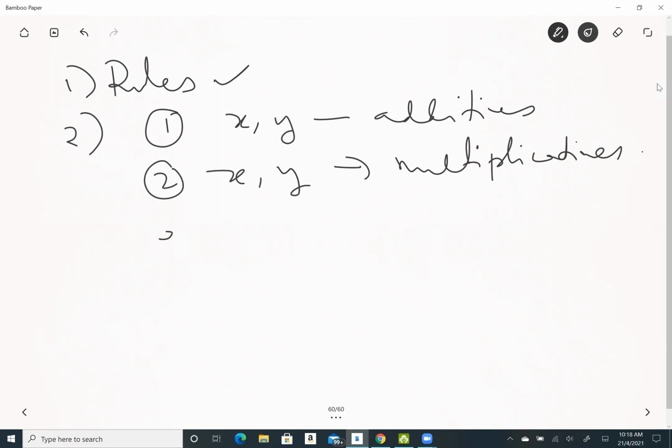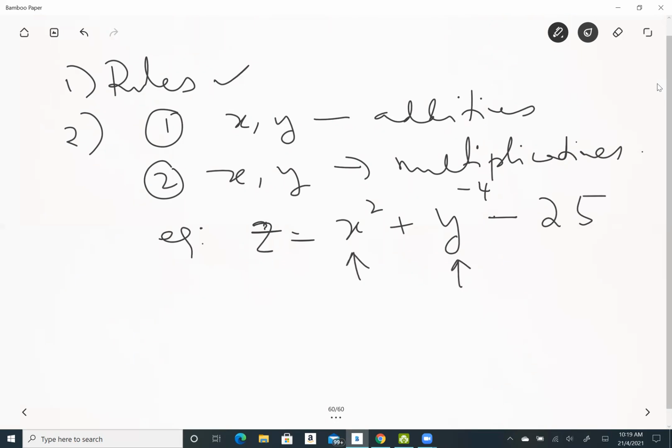For example, I have z equal to x squared plus y to the power of -4 minus 25. Here you see x and y are additive.